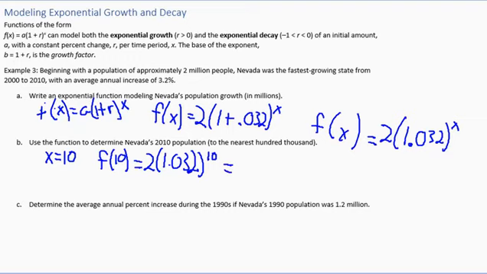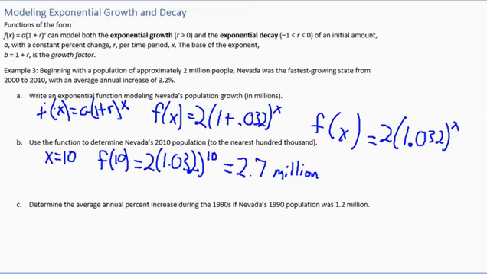But what we get here is 2.740, but they asked to the nearest 100,000. So we can go to 2.7 because, again, this is in millions. So this is millions and this is 100,000. So 2.7 million. That's how many would be around there in 2010.